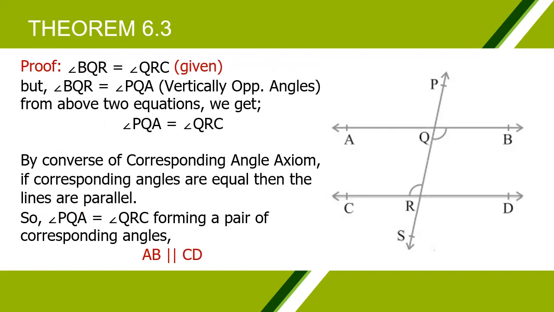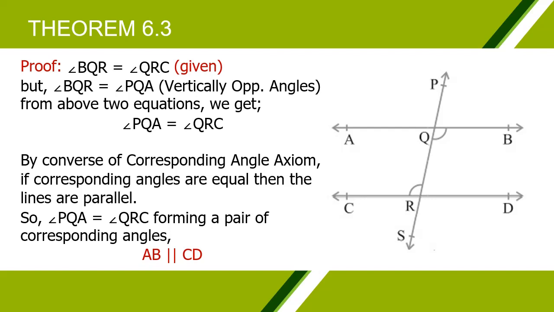Now proof of theorem 6.3. Angle BQR is equal to angle QRC. It is given. But angle BQR is equal to angle PQA. Why so? Both are vertically opposite angles. So from the above two equations, what we get is angle PQA is equal to angle QRC.